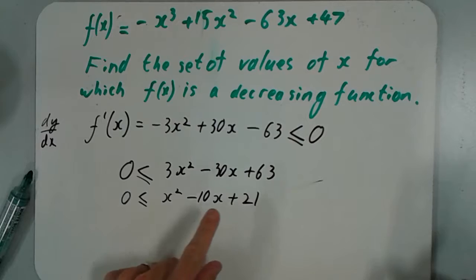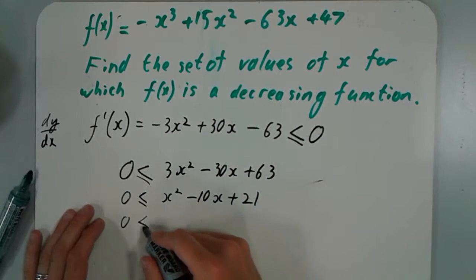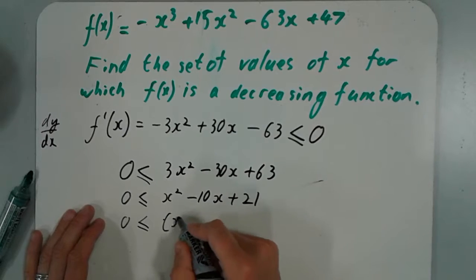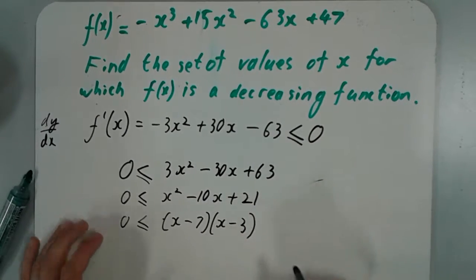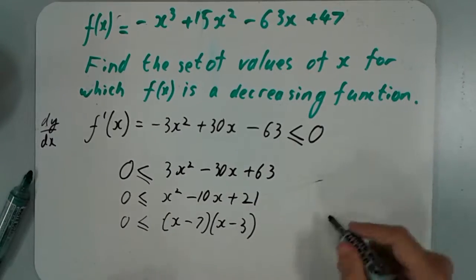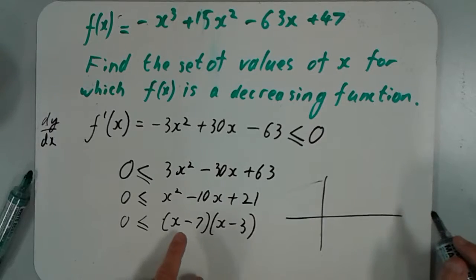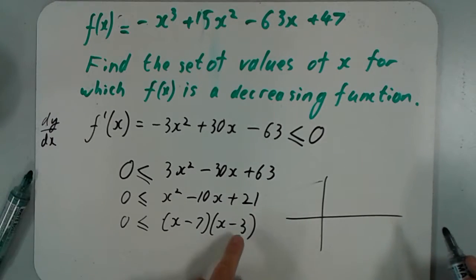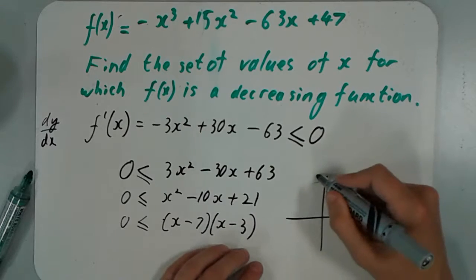Factors of 21 which sum to 10: 7 and 3, so that's going to give us that. Our key values, if we just do a little sketch now, would be x is 7 and x is 3.